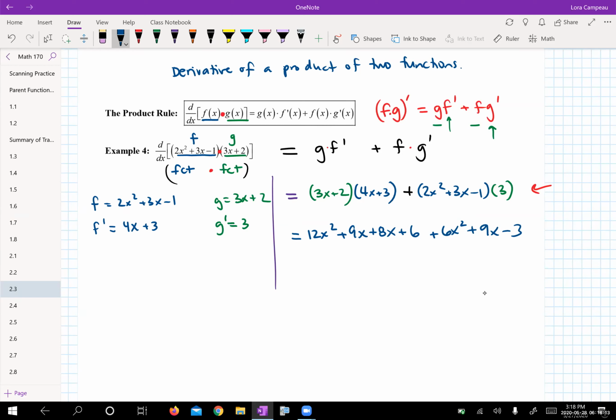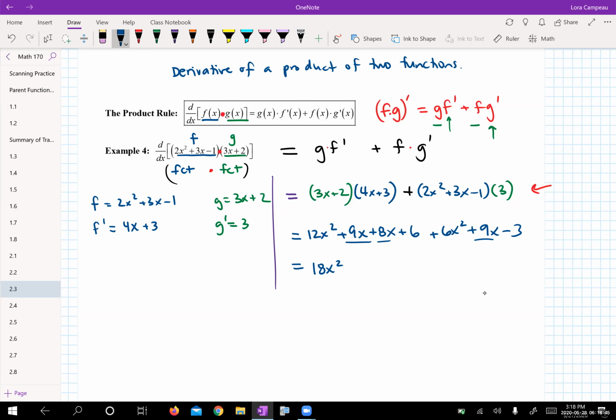And once we multiply everyone out, we then go through and we just look for like terms. So I just scan each one and am careful. I'm saying, okay, do I have another 12x squared? Not another 12x squared, but I do have an x squared term. So 12x squared and 6x squared make 18x squared. Then I go through and say, okay, I have 9x, 8x, another 9x.